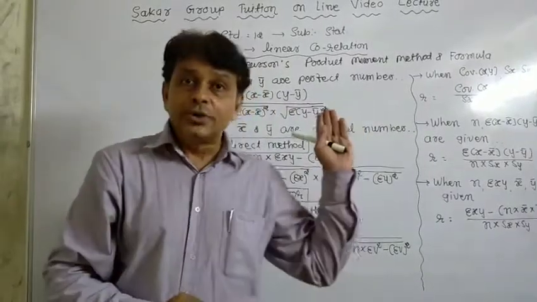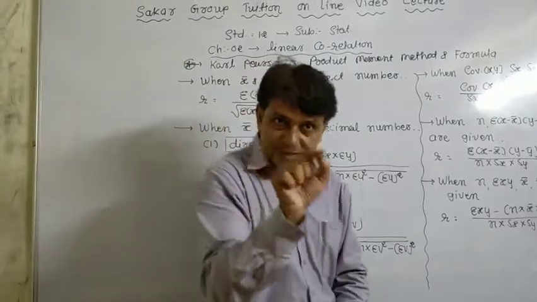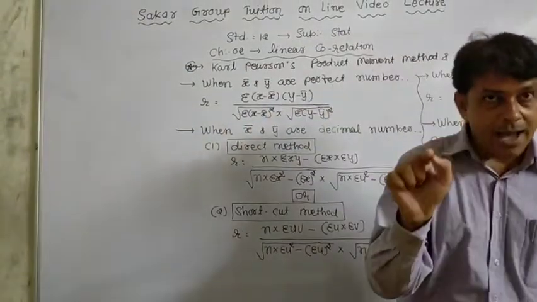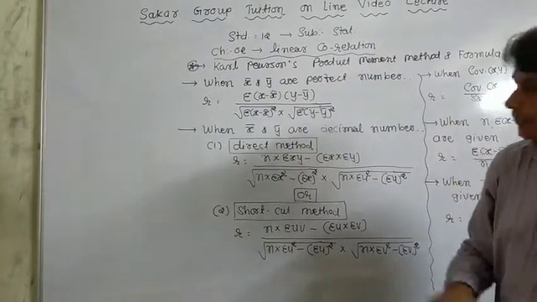So now today we will continue with the different kinds of formulas used to define R by the Carl Pearson product moment method. Condition 1.